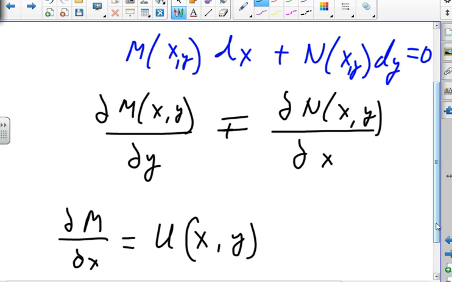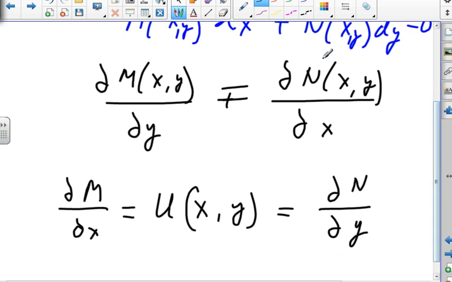If the mixed partials are the same, then these two guys and the partial of n with respect to y.